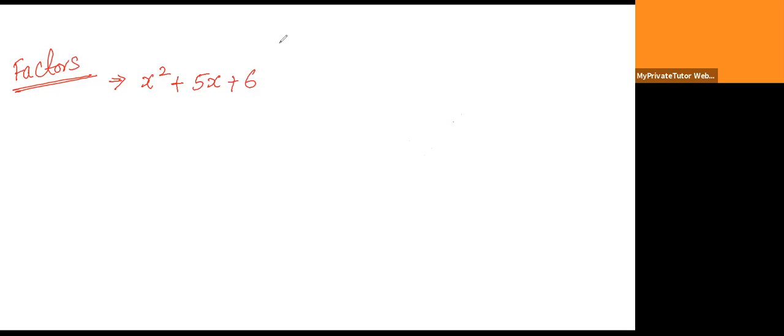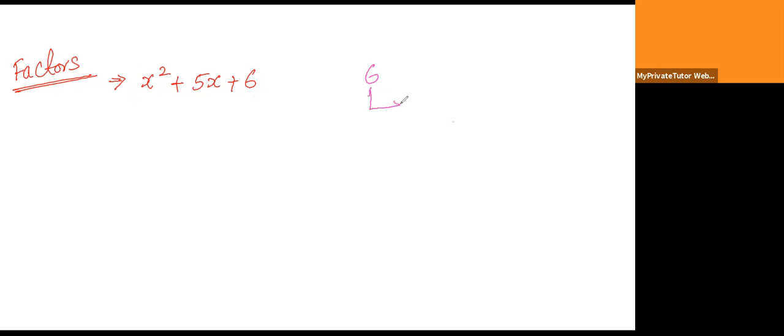Let me explain. See, first check the a value. What is the value we have for the x squared term? X squared term value is 1. So if x squared term value is 1, we can use this method. Please listen carefully. We are going to pick the constant term here. What is the constant? Constant is 6.